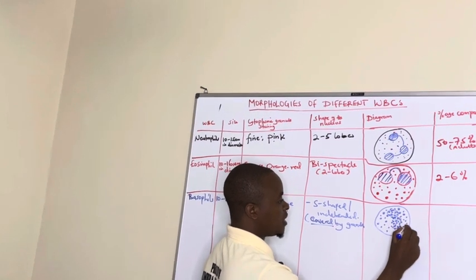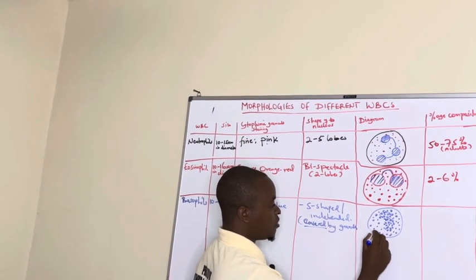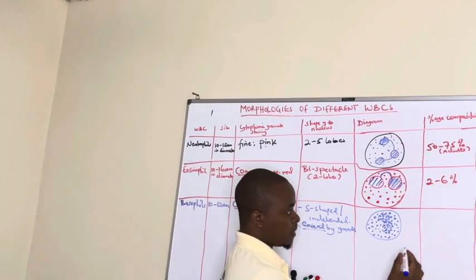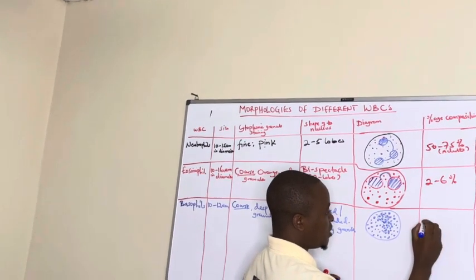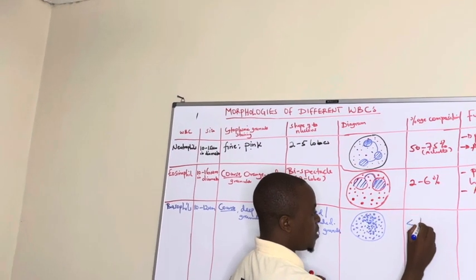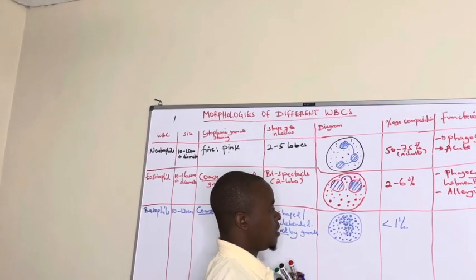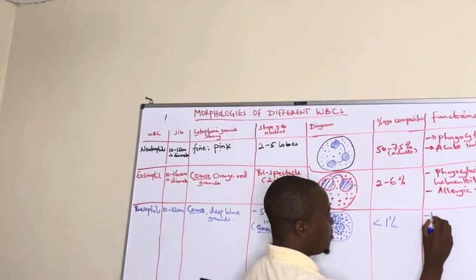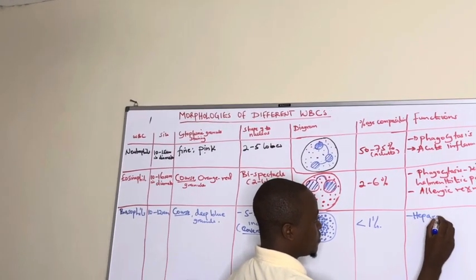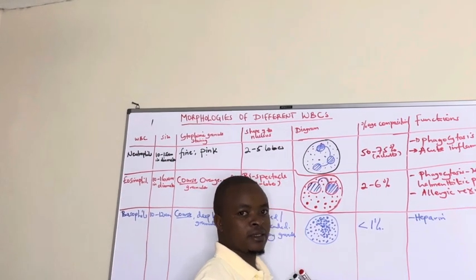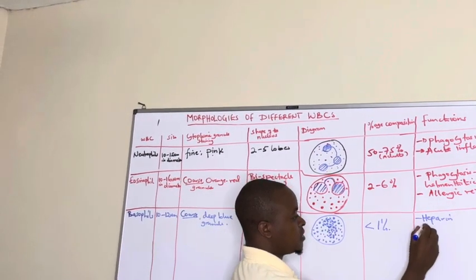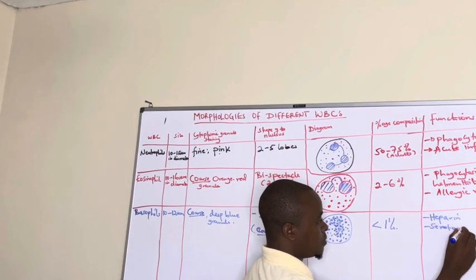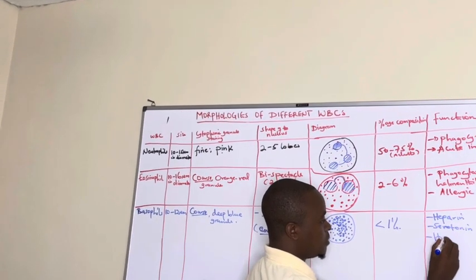And these granules release many inflammatory mediators. We shall see the percentage composition in blood is less than 1%. These granules produce heparin, which is an anticoagulant. They produce serotonin, and they produce histamine.